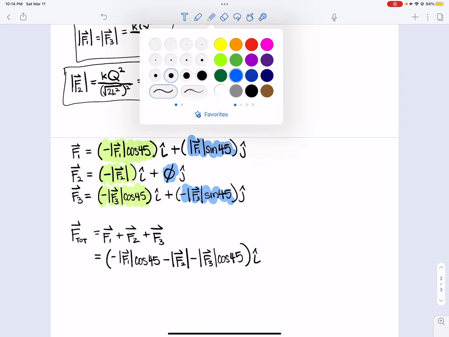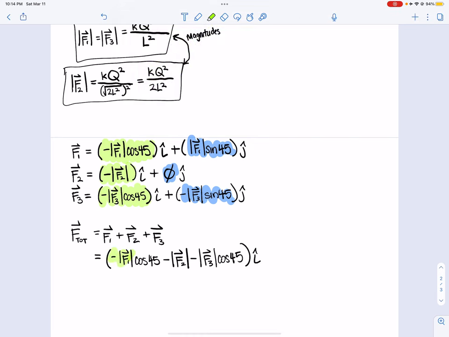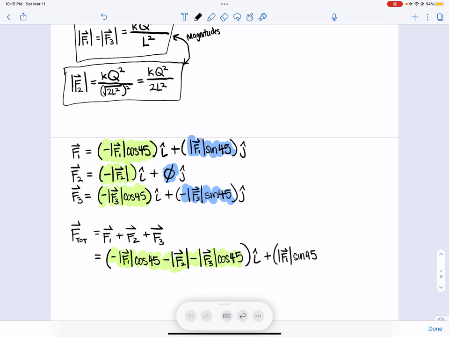So these first ones were our x components, and now we're going to do y, which is plus magnitude of F1 sine 45 minus the magnitude of F3 sine 45 in the j hat direction, right? So this is our y component of forces.